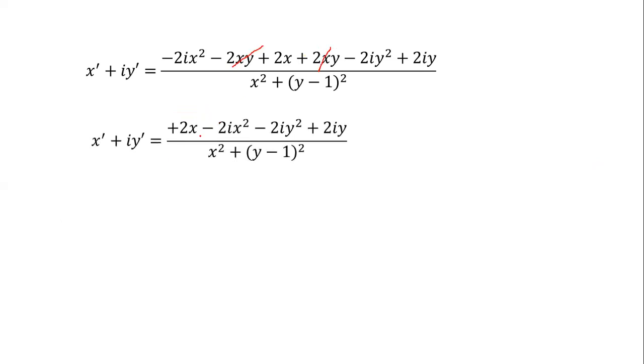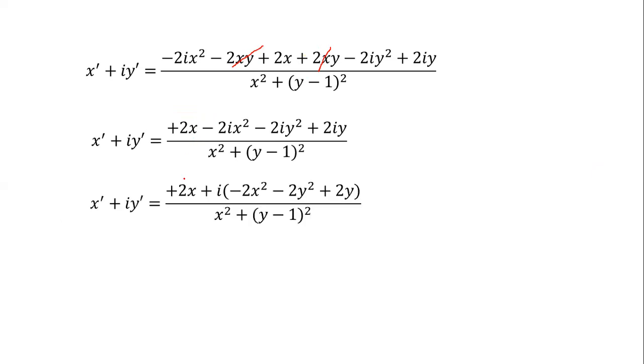Next step is separation, the real parts together and the imaginary parts together. Here is a collection of imaginary parts, so I'm going to take i as a common factor. The real part from the left-hand side, x prime, is equal to the real part from the right-hand side, which is x divided by x squared plus y minus 1 all squared.